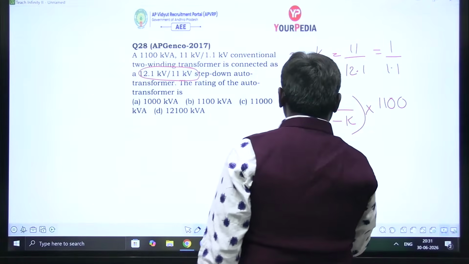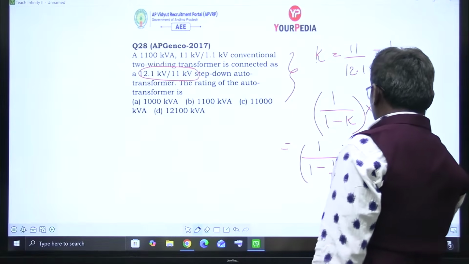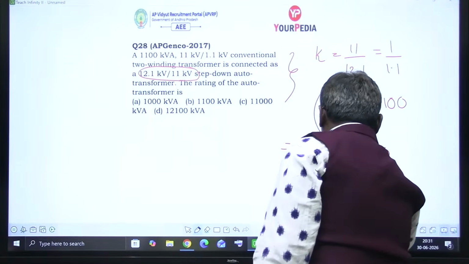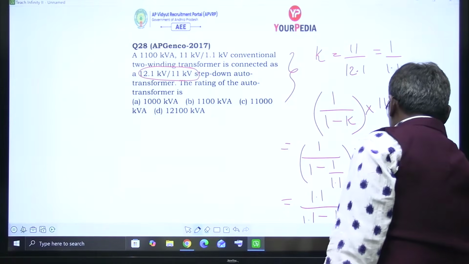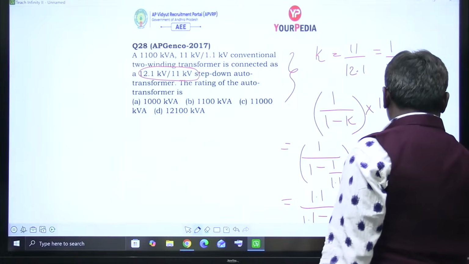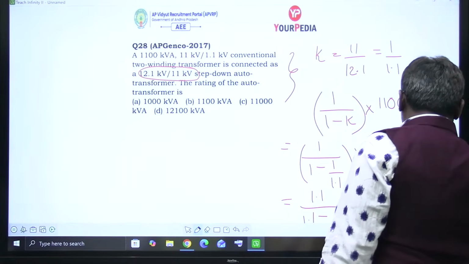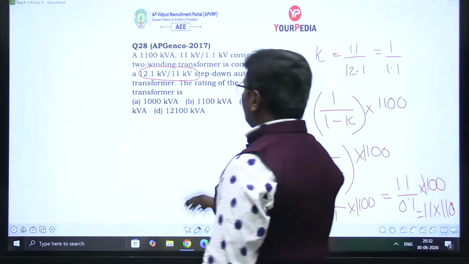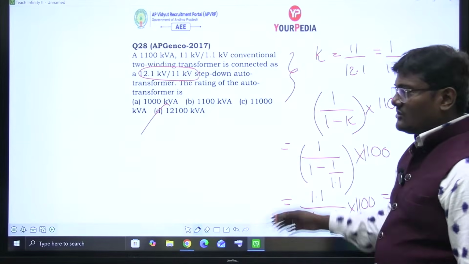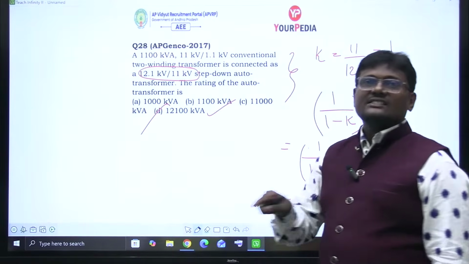So 1 by 1 minus 1 by 1.1 into 100, which is equal to 1.1 by 0.1 into 100. So 1100, sorry, 11 into 11, 121. Yes, D option is correct.